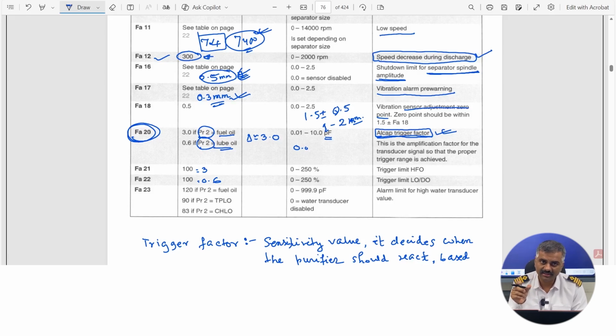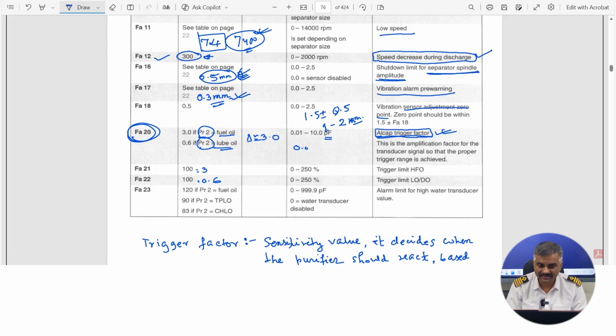As we are aware, the water transducer is basically a capacitor, so it will measure the value in picofarads. Basically the LCAP trigger factor is the value of difference.